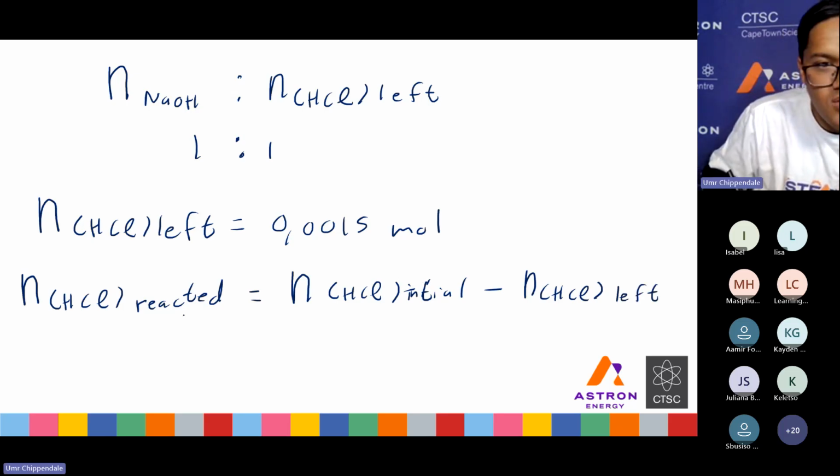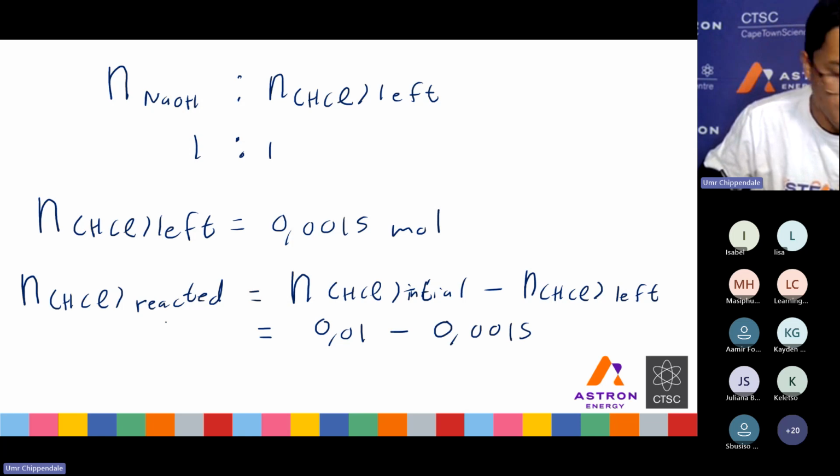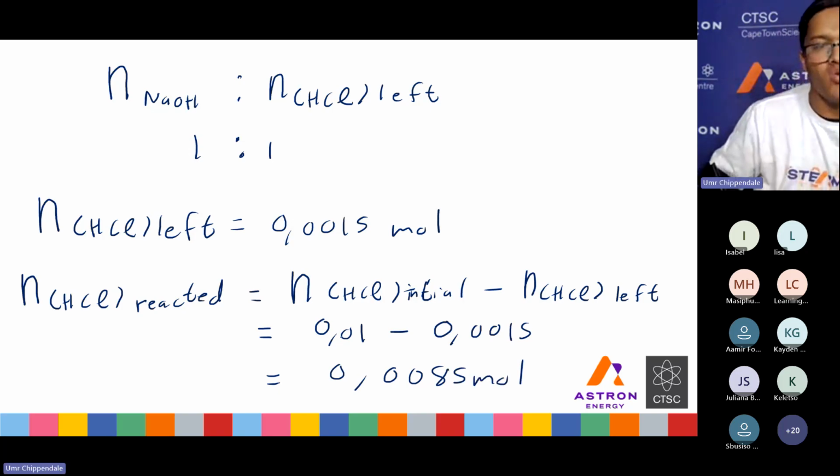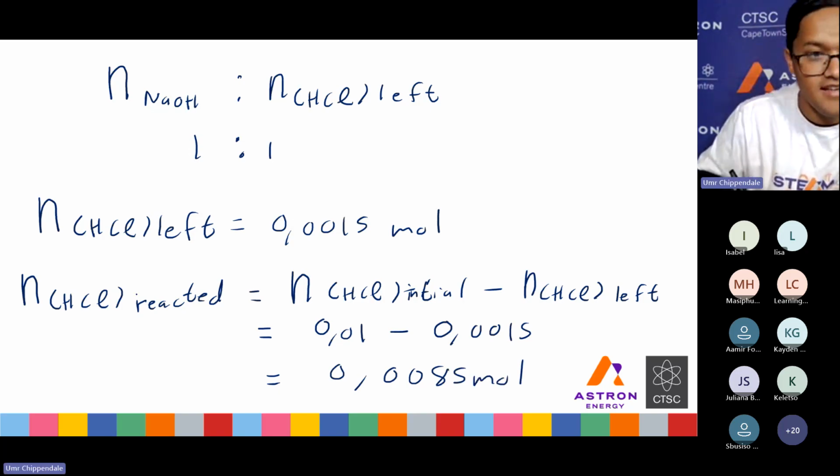That is equal to your answer in 7.3.1, which was 0.01, minus the answer that we just calculated, 0.0015. And that will give you an answer of 0.0085 moles. And that is how much of our HCl reacted.